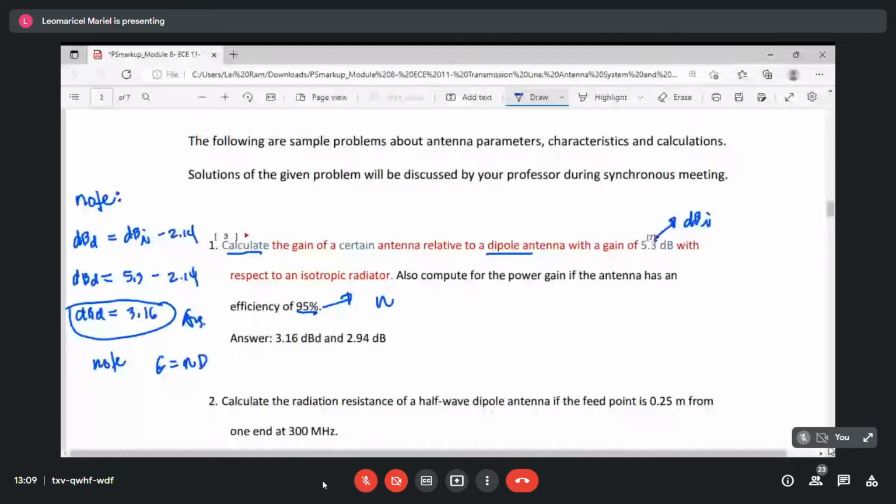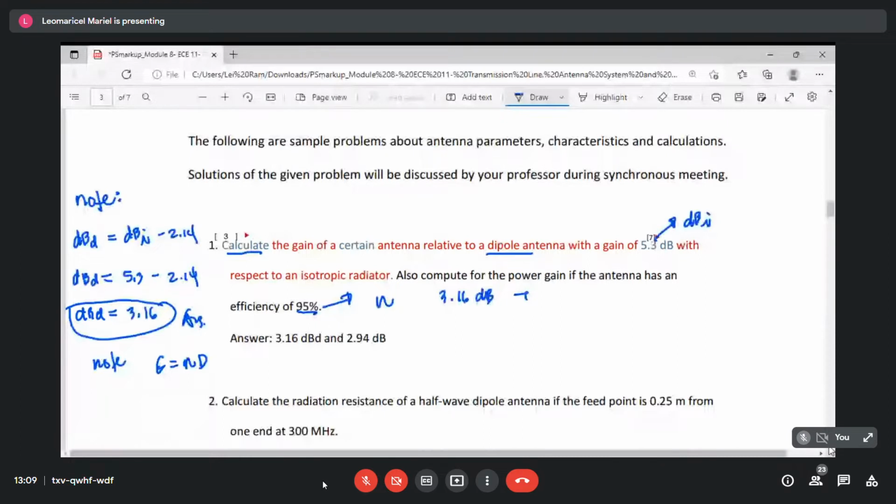But you need to get the value of your power gain, that is 95%. So the gain, that 3.16 dB, you need to convert into a unitless value para magamit ito.